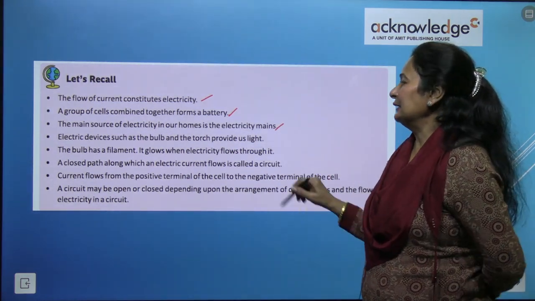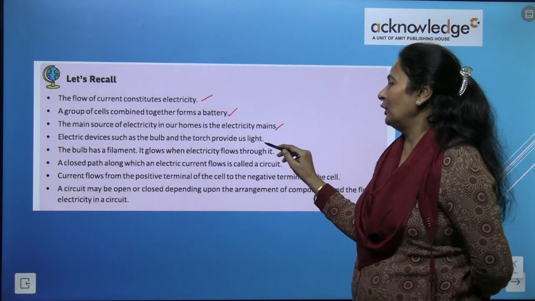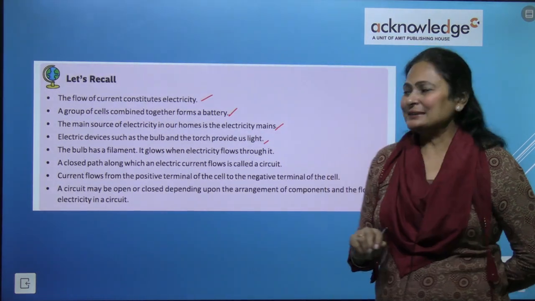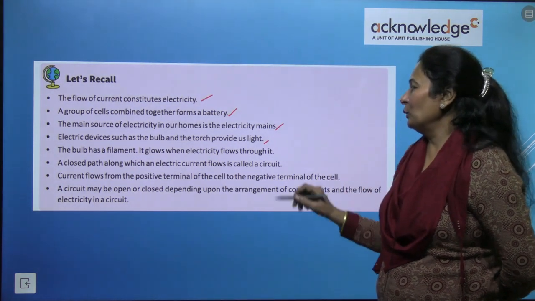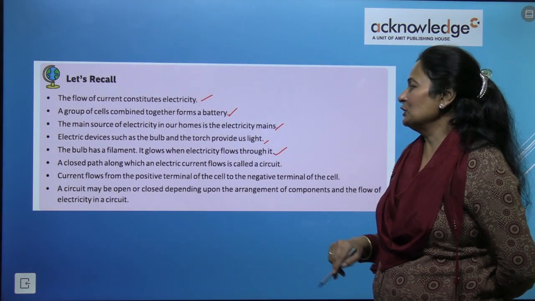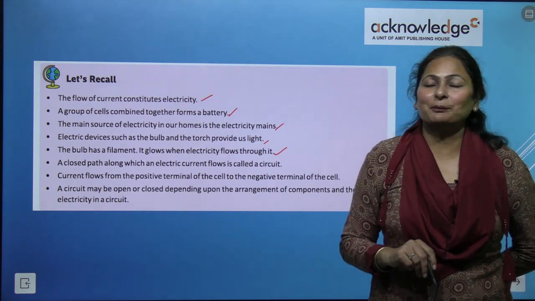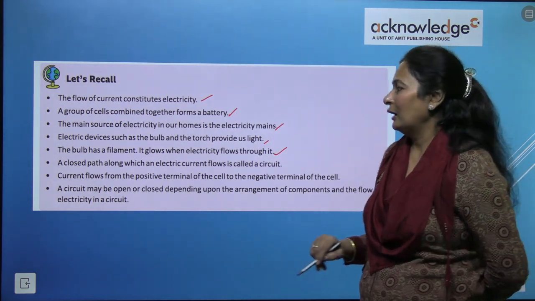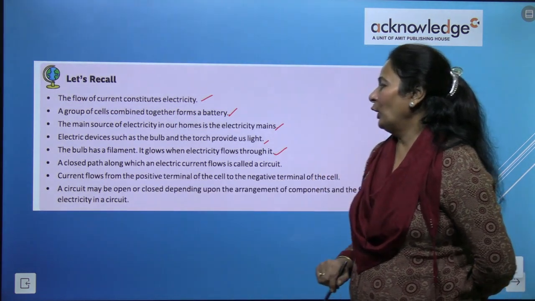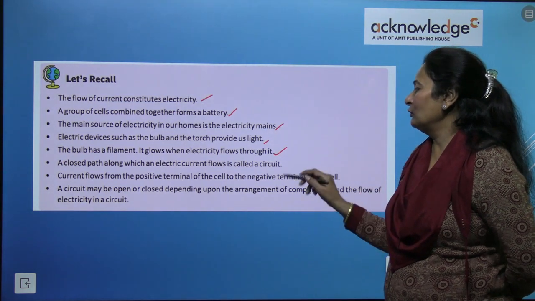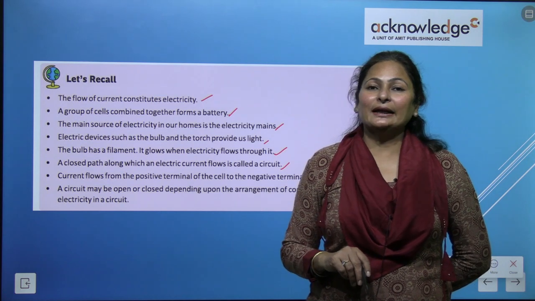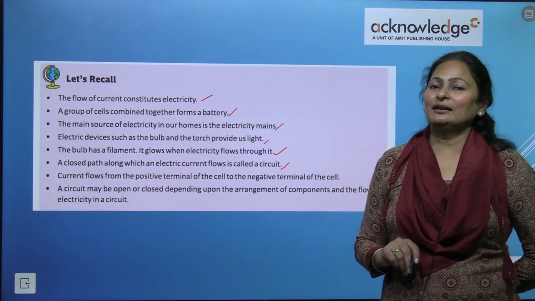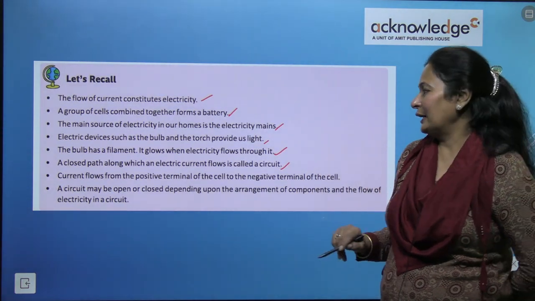Electric devices such as the bulb and the torch provide us light. The bulb has a filament. It glows when electricity flows through it, and the filament is made with tungsten metal. A closed path along which an electric current flows is called a circuit, or you will say it is a closed circuit when there is no obstacle, right?